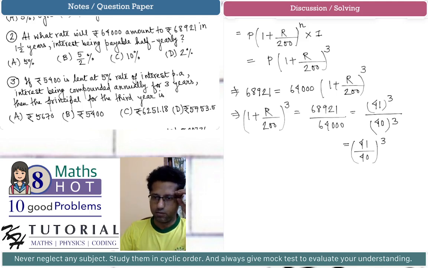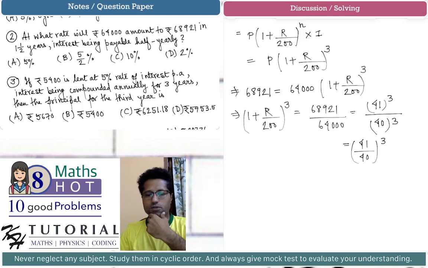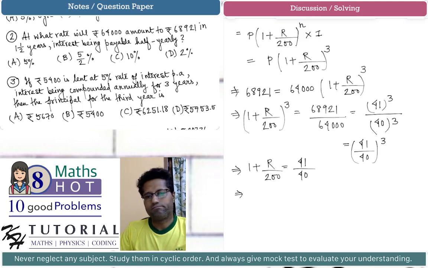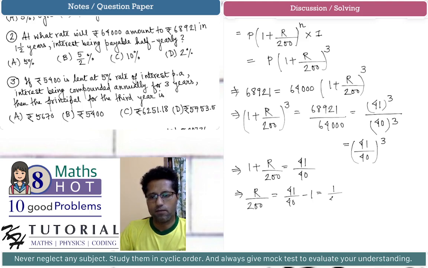So now we see both the left hand side and the right hand side are in exponential form and the powers are same, so the base must be same. So we will have 1 plus r by 200 is equal to 41 by 40. This implies r by 200 is equal to 41 by 40 minus 1, which is equal to 1 by 40.